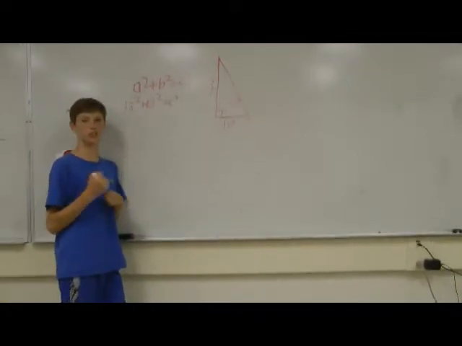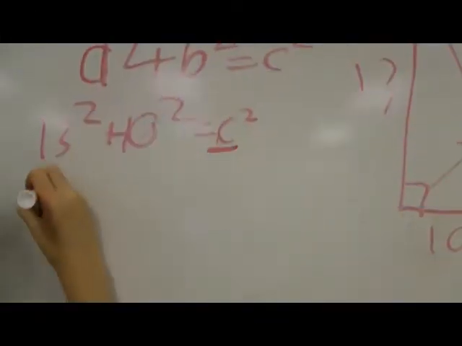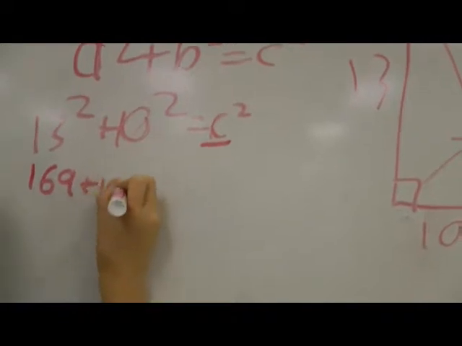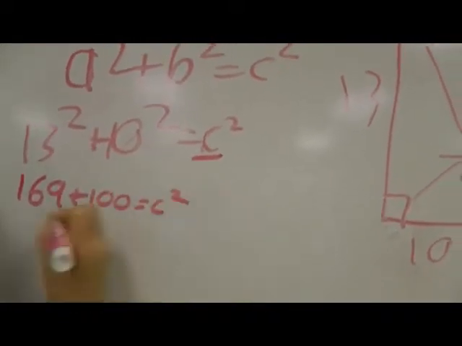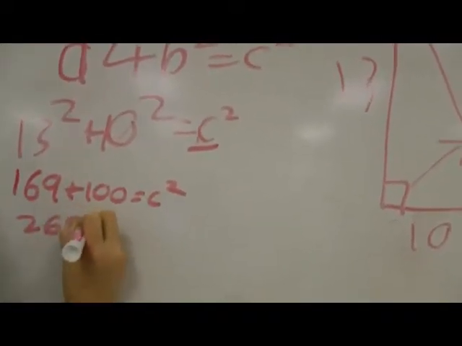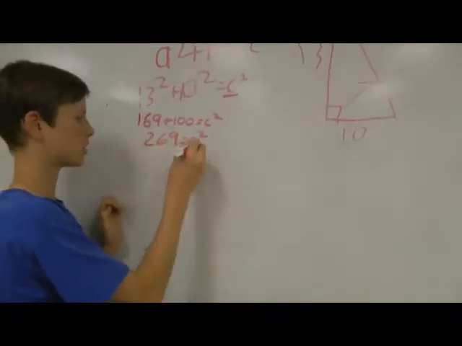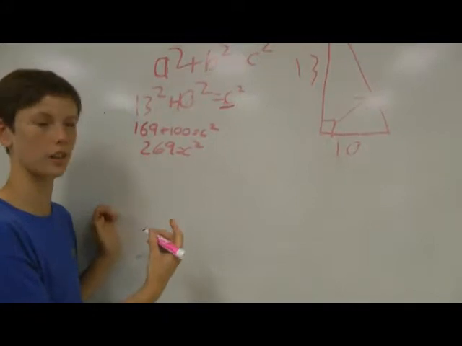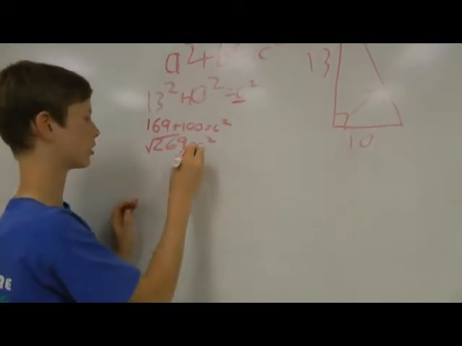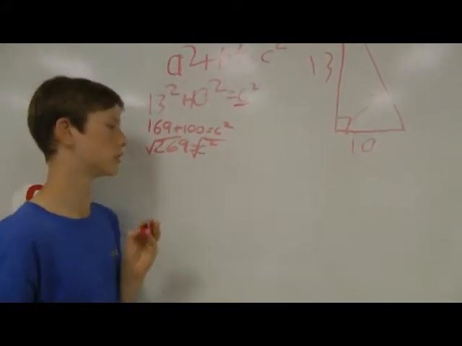Then you solve for c. Now that you have your answer, 269 equals c squared, then you find the square root of 269 and the square root of c squared.